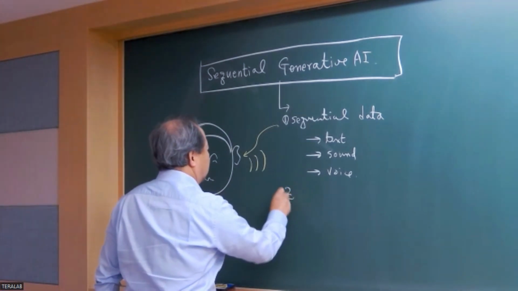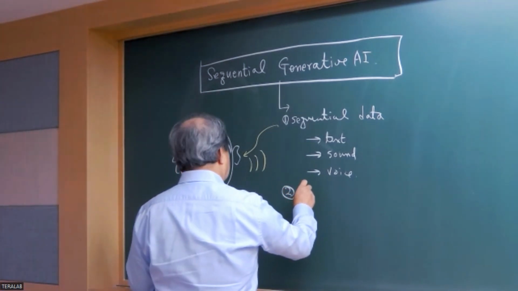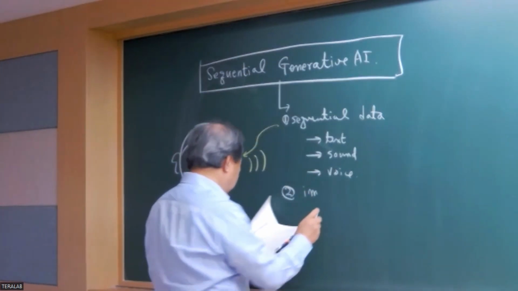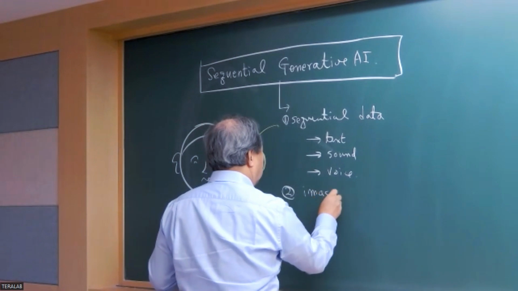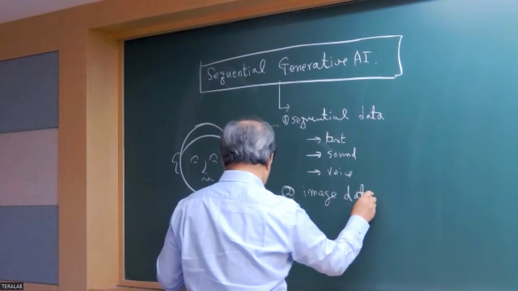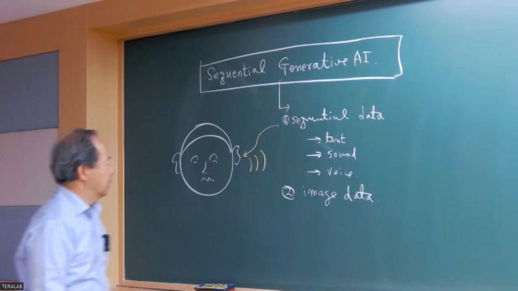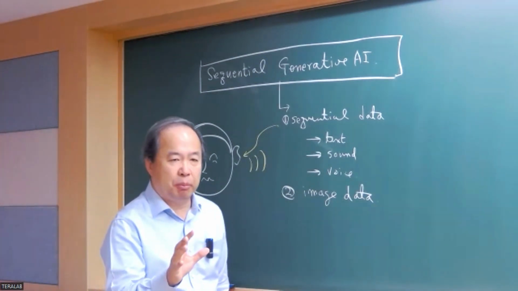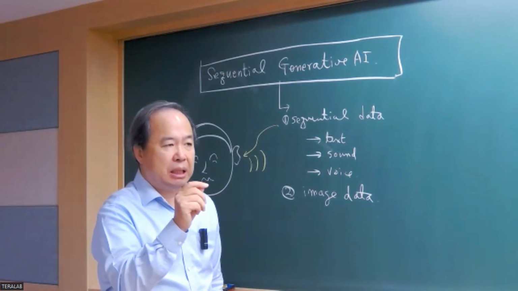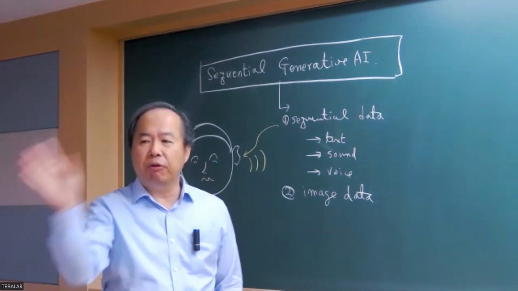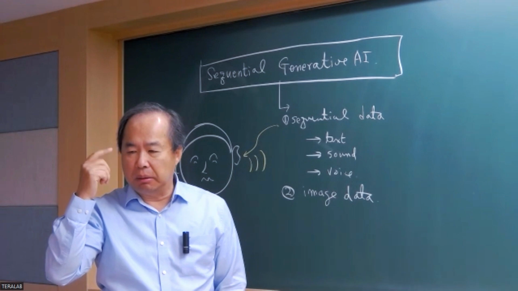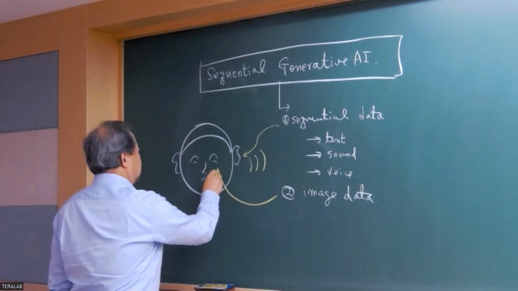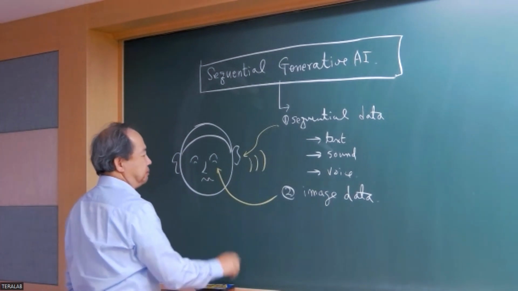Another type of data generated by AI could be image data. Image has very high bandwidth information, because in a second we can detect a lot of information by using our eyes. So it is related to the eye.